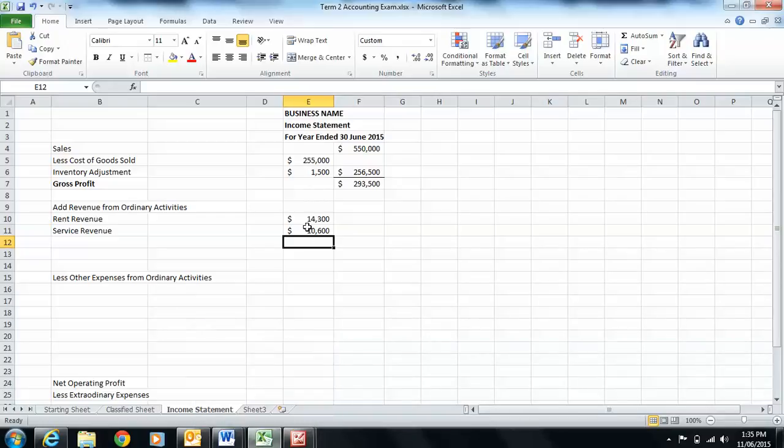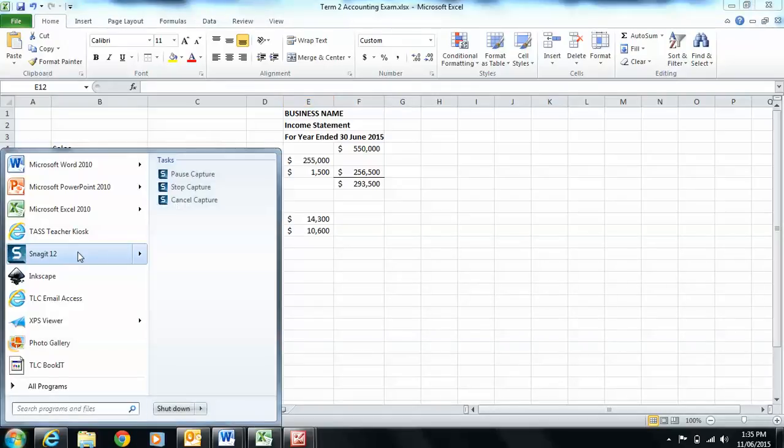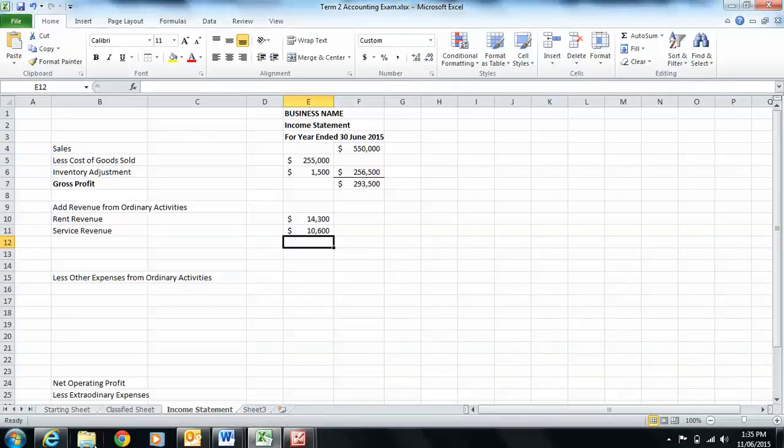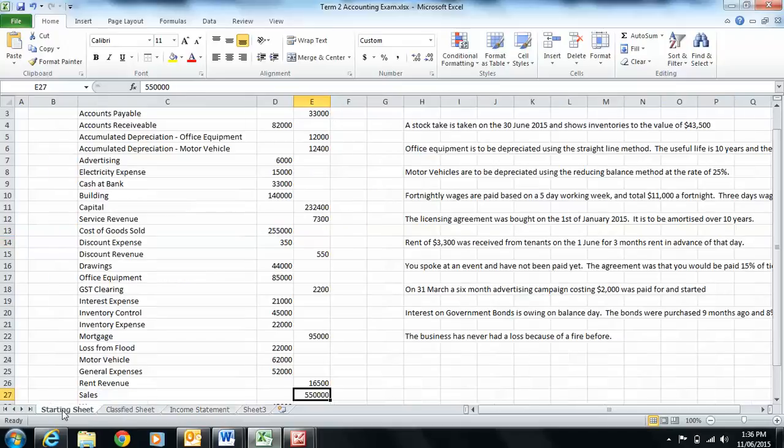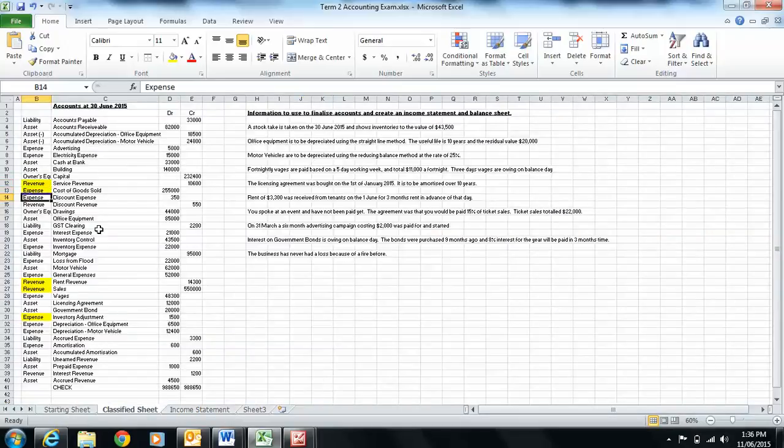So we've got service revenue of $10,600. Other revenues that we've got there, I remember there is some discount revenue. And we'll just have to look that up. Discount revenue of $550.